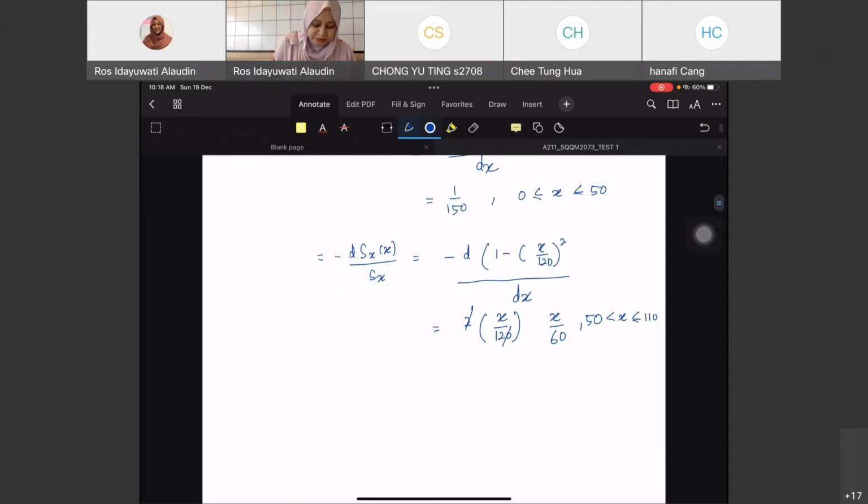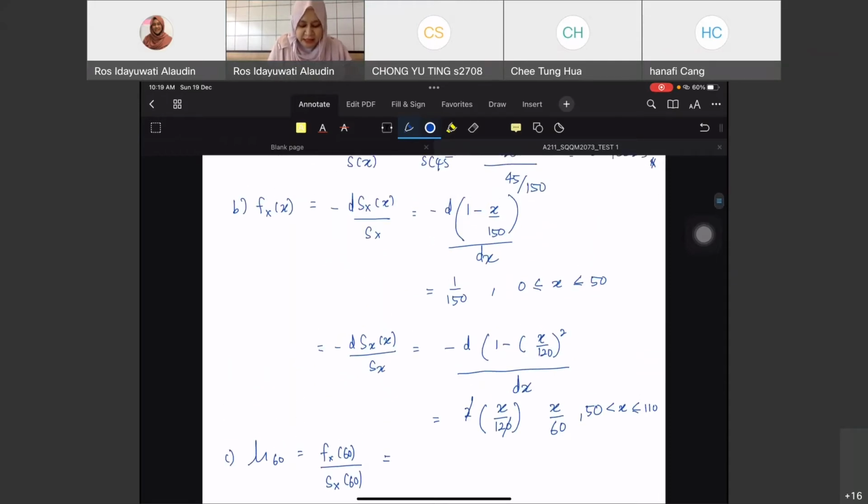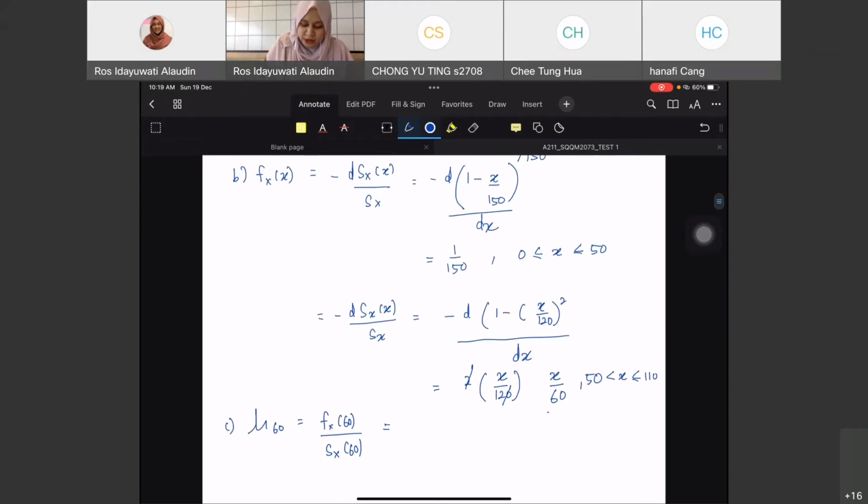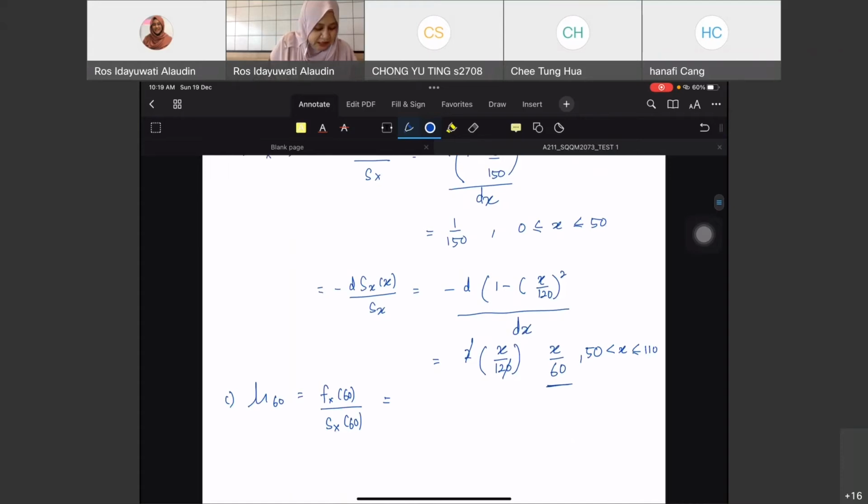So for C, it is mu 60. So for mu 60, you differentiate, f(60) over S(60), and f(60) is for this range, x over 60. So x over 60 over the S(x), which we take straight away from the question.